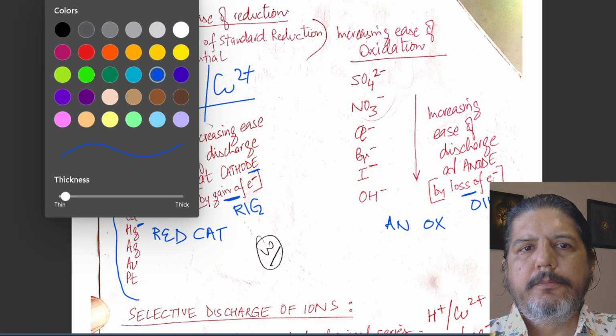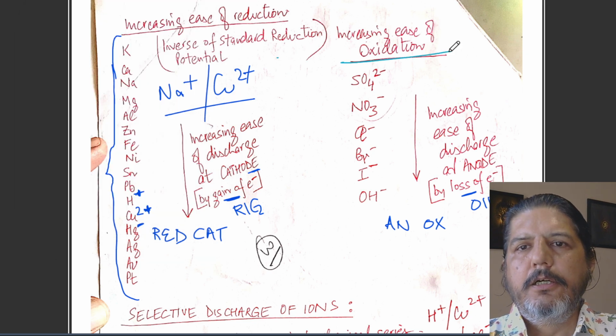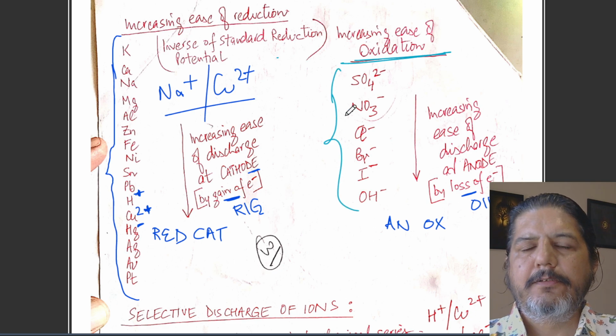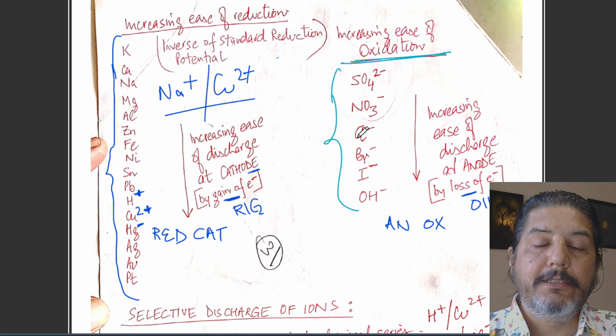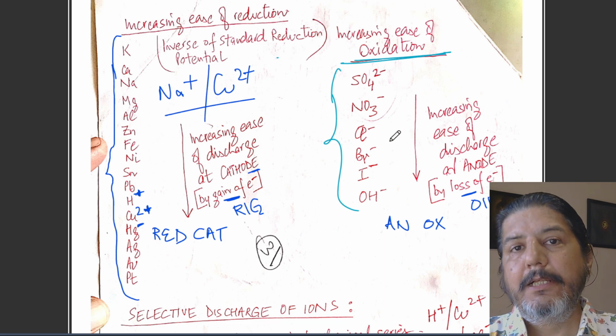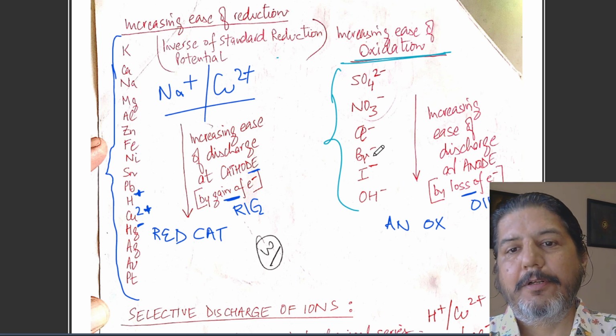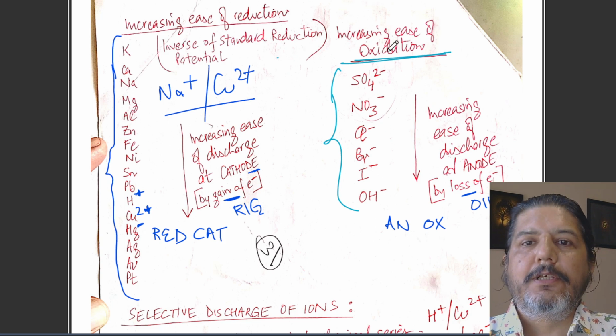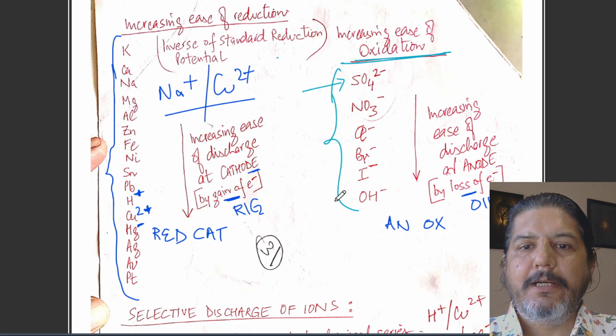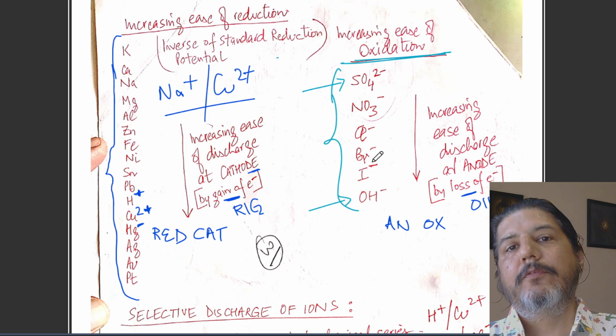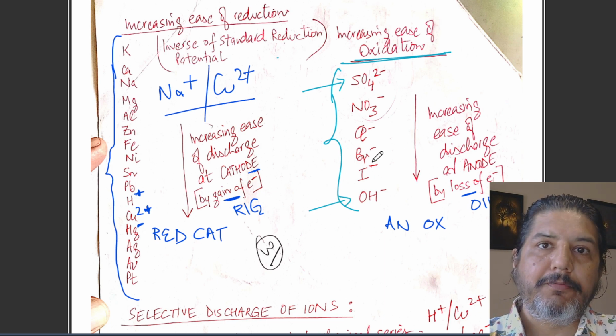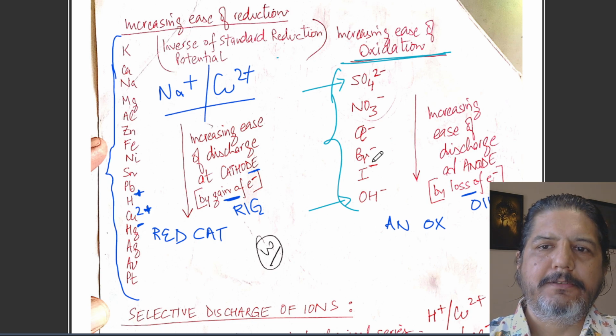Then if you see, in electrolysis, you will get anions like these. When you have anions like these, which will get discharged preferably? For example, let us say there is a competition between sulfate ion and hydroxide ion. Which will get preference to get discharged easily?